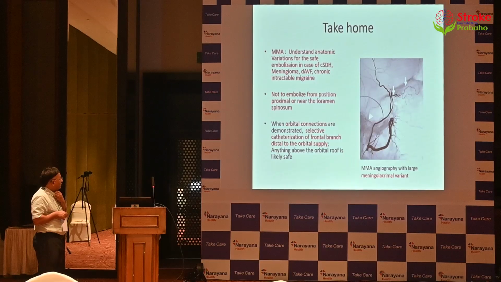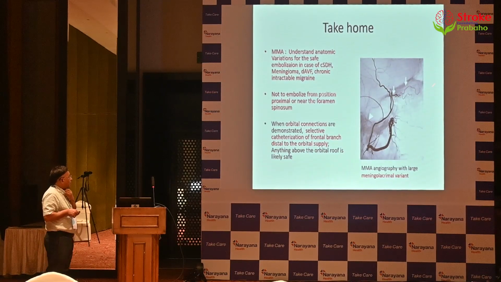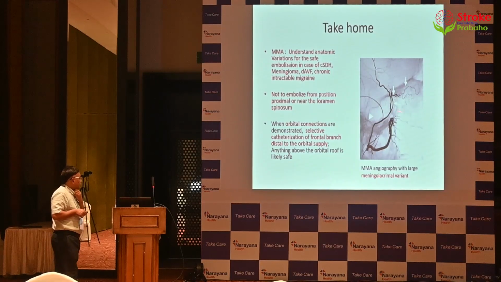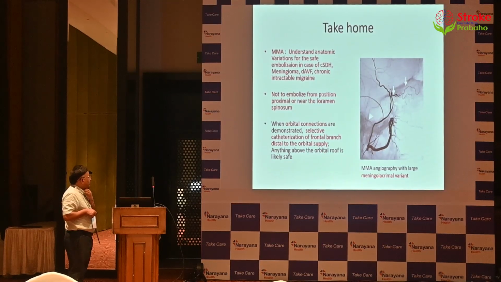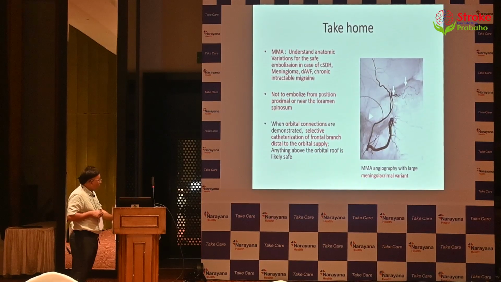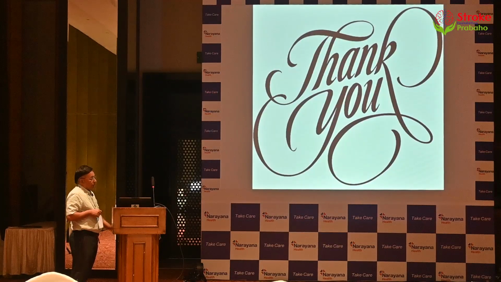It is important not to embolize from a position proximal or near the foramen spinosum, and it's most important to preserve the orbital connection because it may have a connection with the ophthalmic artery, and sometimes you may endanger this ophthalmic artery because of this dangerous anastomosis. So anything above the orbital roof is always safe. And thank you for your patience.